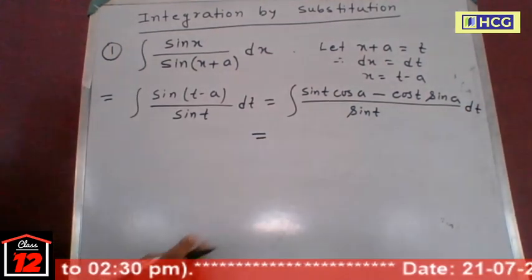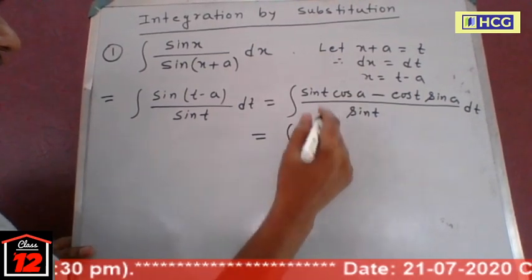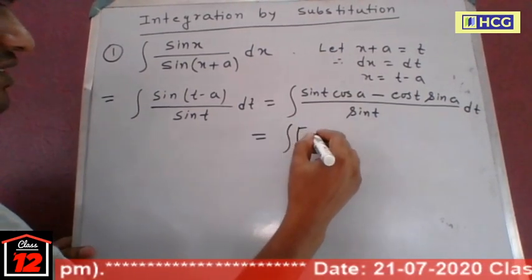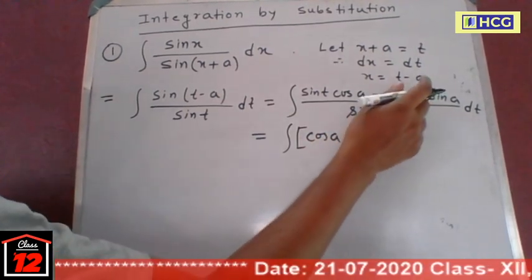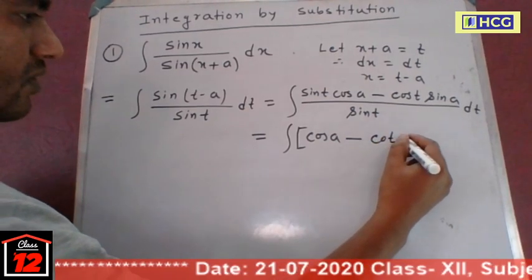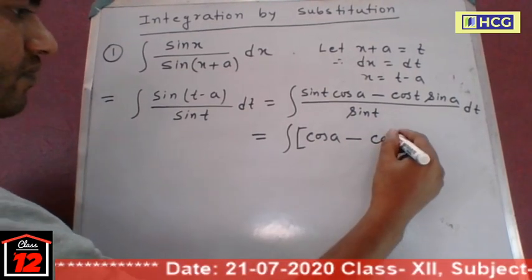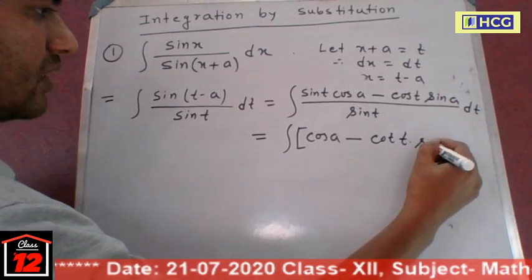Now split it divided by sin t. So sin t is cancelled, and this is integration of cos a minus cos t by sin t, which is cot t, into sin a.